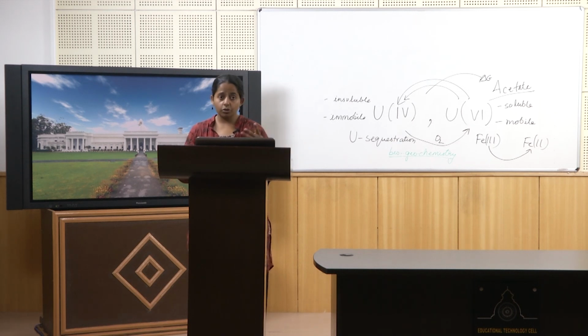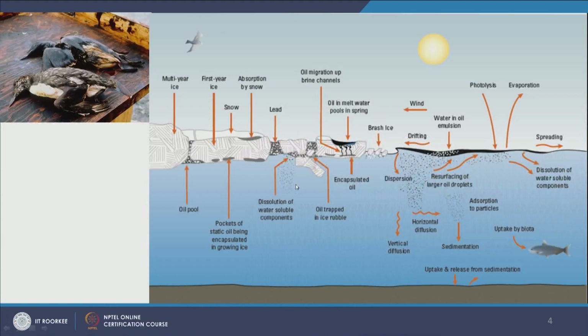So microbes like to live in water or in moist places. They cannot enter oil and degrade it, they can only do it on the surface. So when the water soluble components get dissolved in the water, then microbes can easily come and degrade them. These usually degrade pretty quickly.